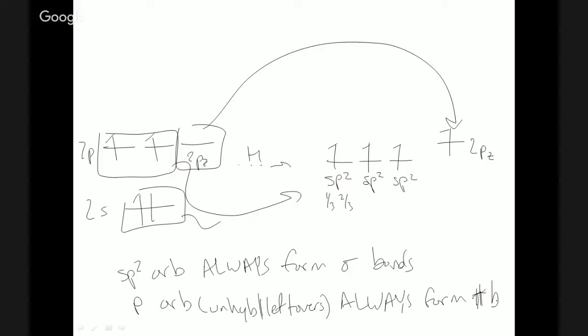What do we say? Single bonds are sigma bonds. They are formed by spx orbitals. Pi bonds are the second and third bonds, if you want to call them that, the double and triple bonds. Pi bonds are formed from p orbitals.